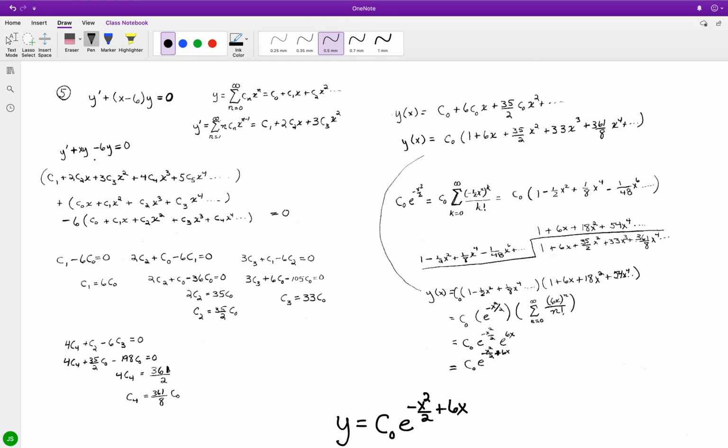So you have y prime plus the quantity of x minus 6 times y is equal to 0. And now using what we have for y and y prime and writing and expanding, we have y prime plus xy minus 6y is equal to 0. And just taking what we have for y prime, you have x times y, and you have negative 6 times y.